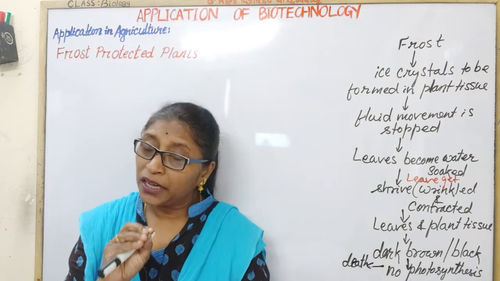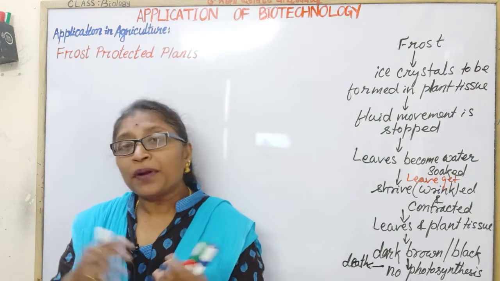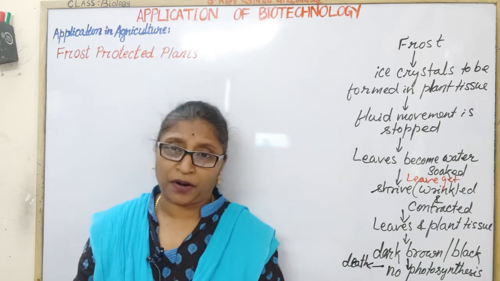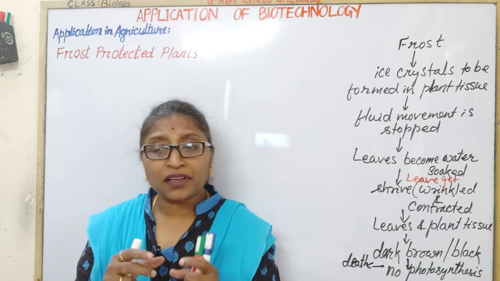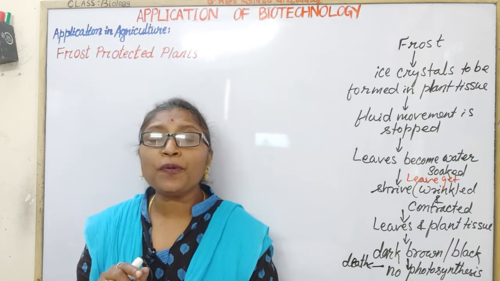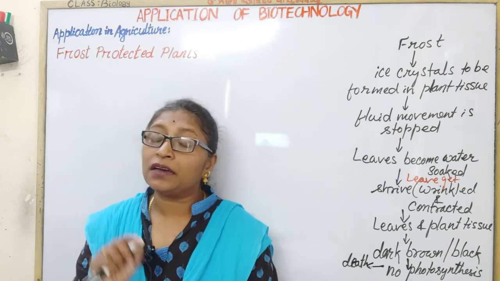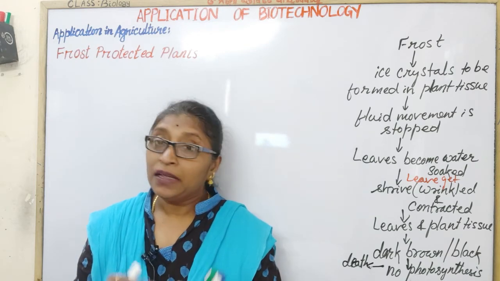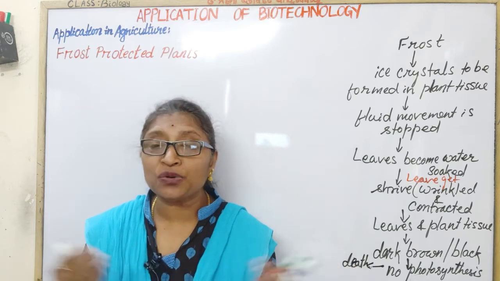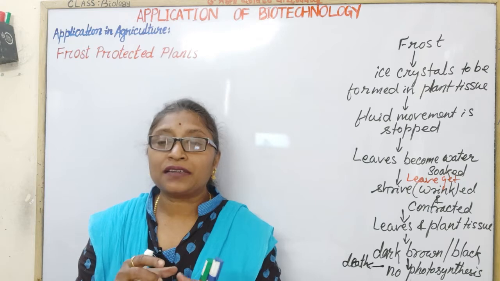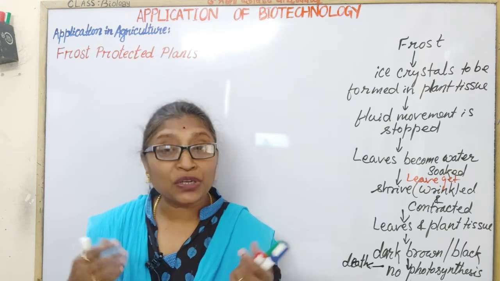Into that we incorporate it. Then from that GMO plantlet, plants are developed. So in cold regions, plants can be developed by incorporating the gene taken from Pseudomonas syringae, the gene in the bacterium that causes ice nucleation.